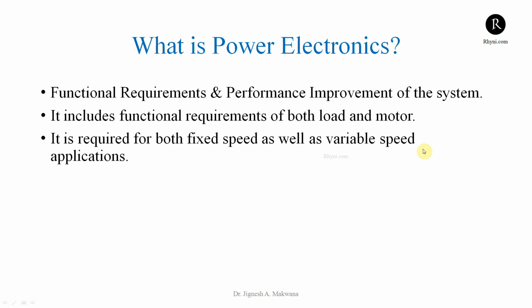It may be conversion of AC to DC or DC to AC depending upon the motor requirement and availability of the supply, and it includes performance improvement like the efficiency and other parameters. So it includes functional requirement of both load and motor. Some functions are required for the motor, that is power supply nature and shape, and for the load, that is speed and torque requirement.